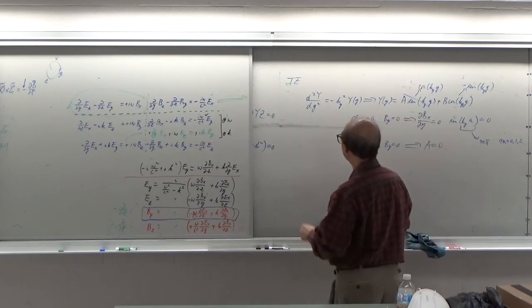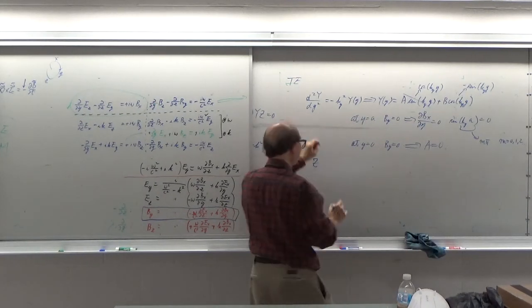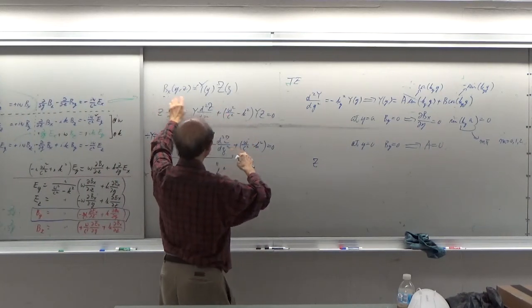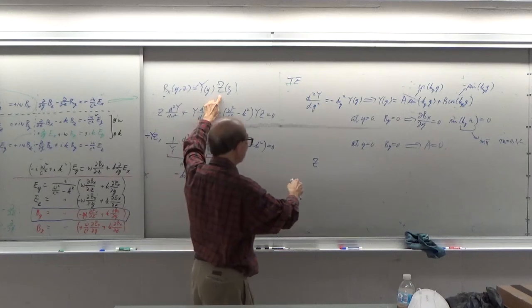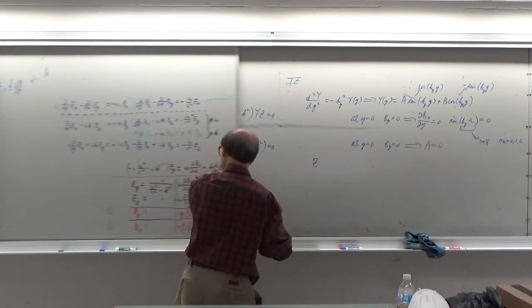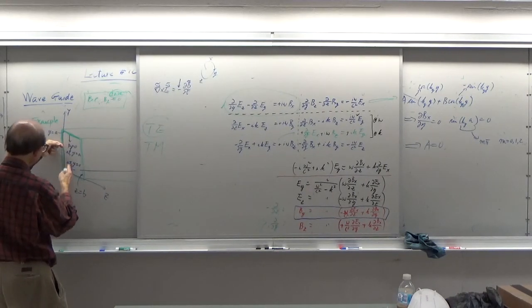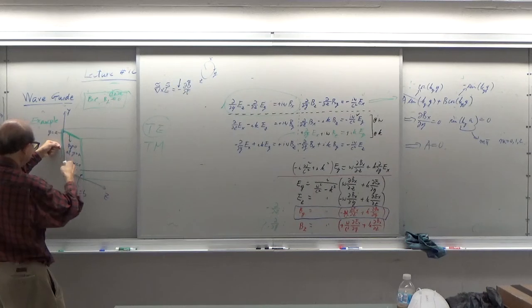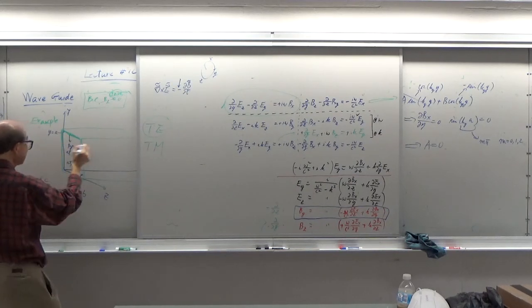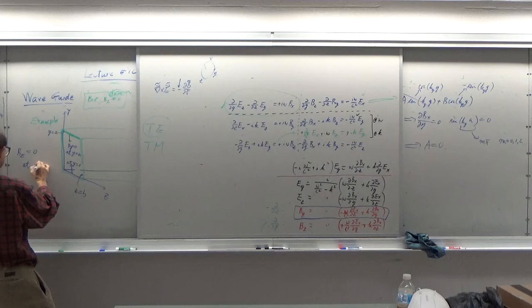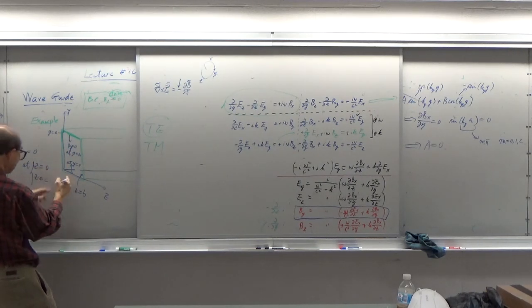Similarly, you can take a look at the z factor in this wave. Impose the condition that Bz is 0 on this vertical line, so the boundary condition would be Bz equals 0 at z equals 0 as well as z equals b.